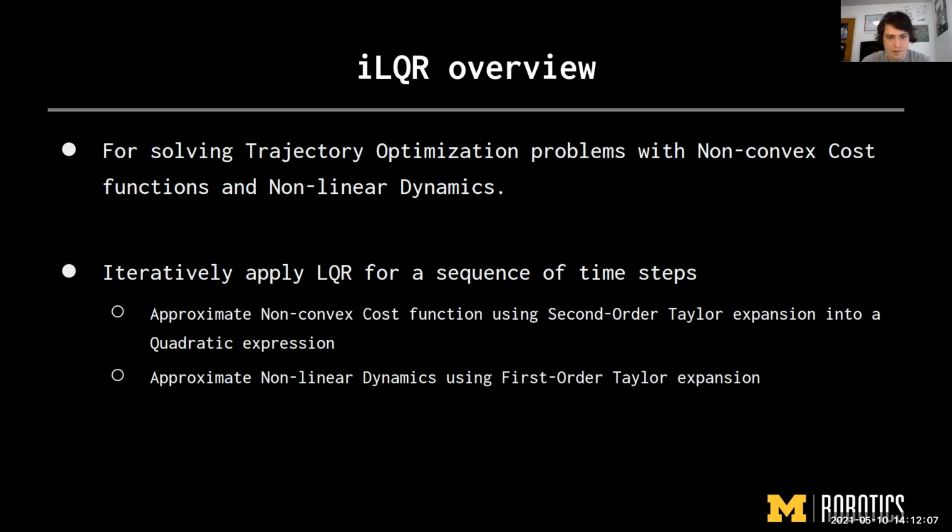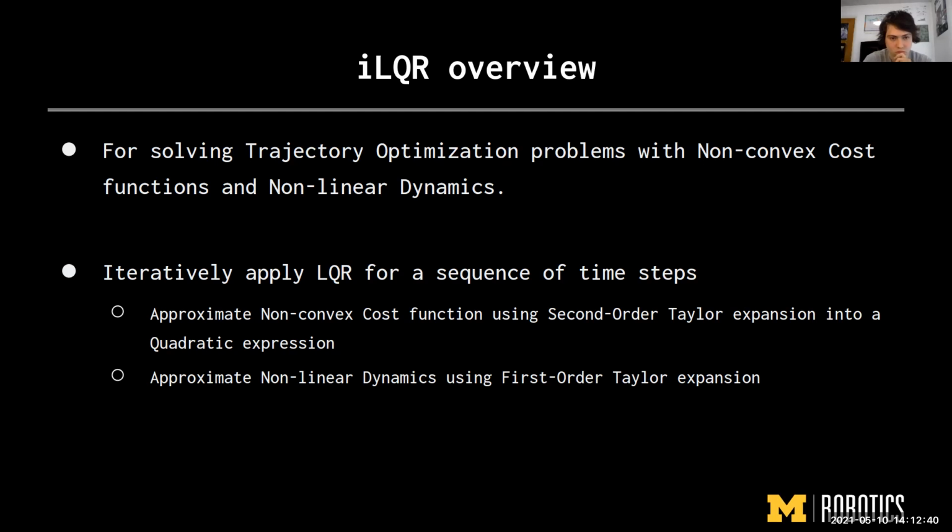You'd remember that when we talked about LQR earlier in the semester, we had the condition that the cost function should be convex or quadratic, and the dynamics should be linear. But for most realistic problems, you could end up with a non-convex cost function and nonlinear dynamics. And one way of solving such problems for a longer trajectory is using iterative LQR.